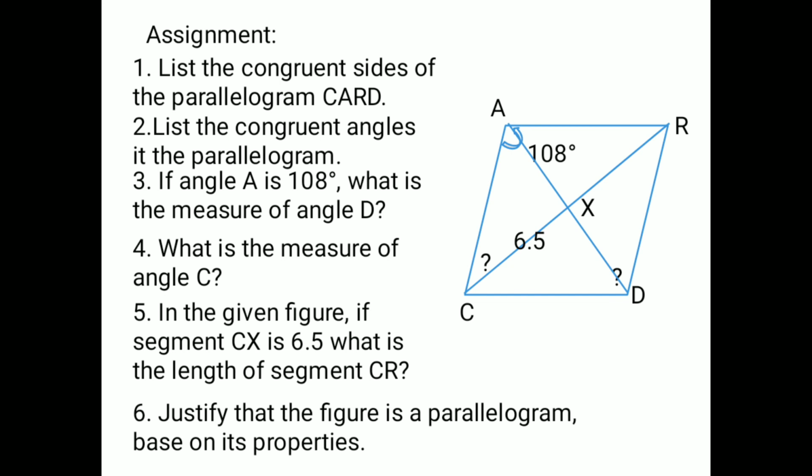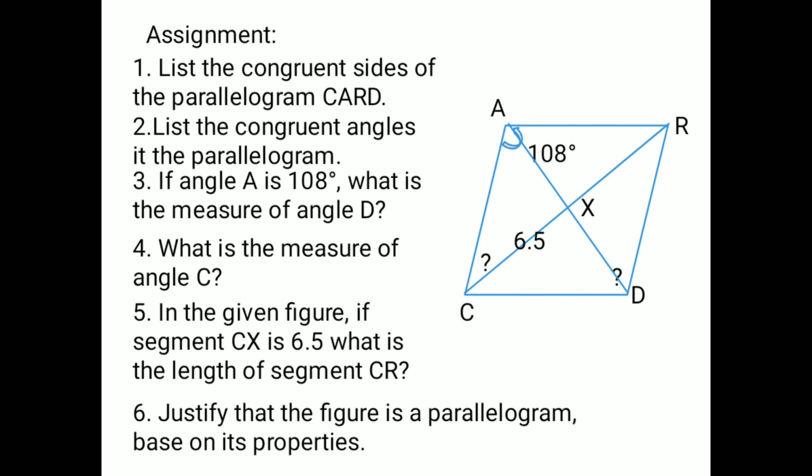Given the figure, the parallelogram CARD, number 1, list the congruent sides of the parallelogram CARD. Number 2, list the congruent angles of the parallelogram. Number 3, if angle A is 180, what is the measure of angle D? And number 4, what is the measure of angle C?